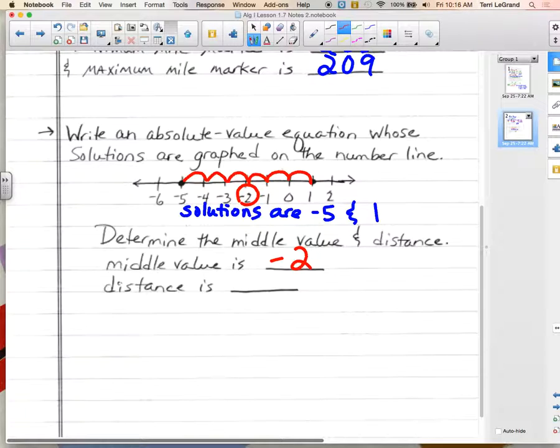The distance that we had to go from both solutions to get to that middle is what? 3. We went 3 in on both to get to -2, okay? Write the equation. Solve your equation. See if you get those 2 solutions, -5 and 1, with your equation that you set up.